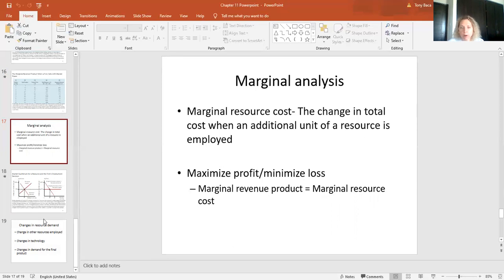There's your MC, your marginal cost, but here we're talking about resource costs, right? And so where marginal revenue product is equal to marginal resource cost, it's another way for us to find our profit maximizing, but in this case, our profit maximizing level of a resource. So kind of the same analysis, just a slight difference in that we're just not looking at straight numbers. We're actually, instead of final goods and services, looking at it from the other end, the resource.